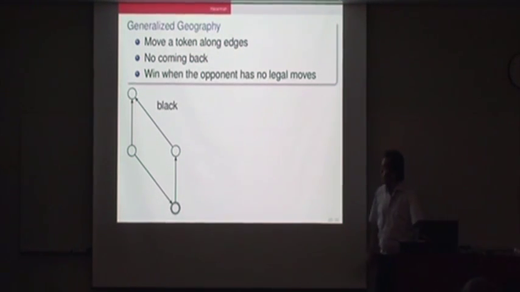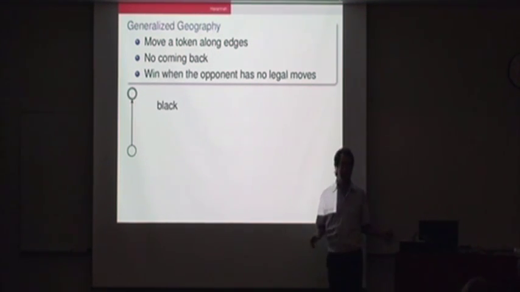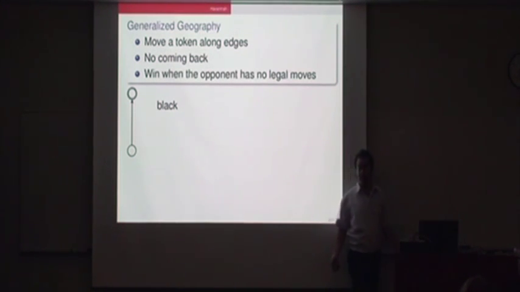So white can move it to the right, black can move it to the top, white can move it to the top left, and now black has no legal move. You lose the game of geography when you don't have any legal move. So your goal is to get your opponent to be stuck with the token without any successor vertex to move it to.